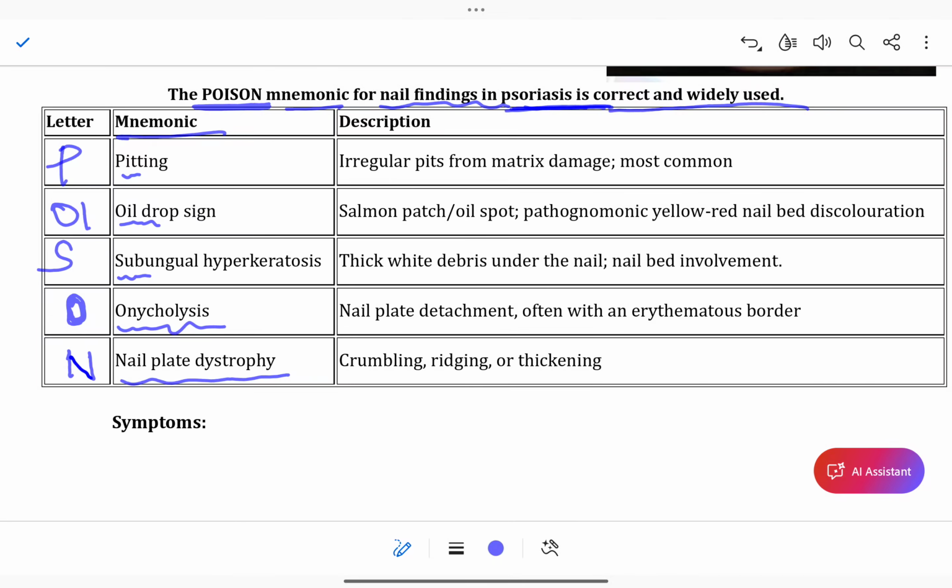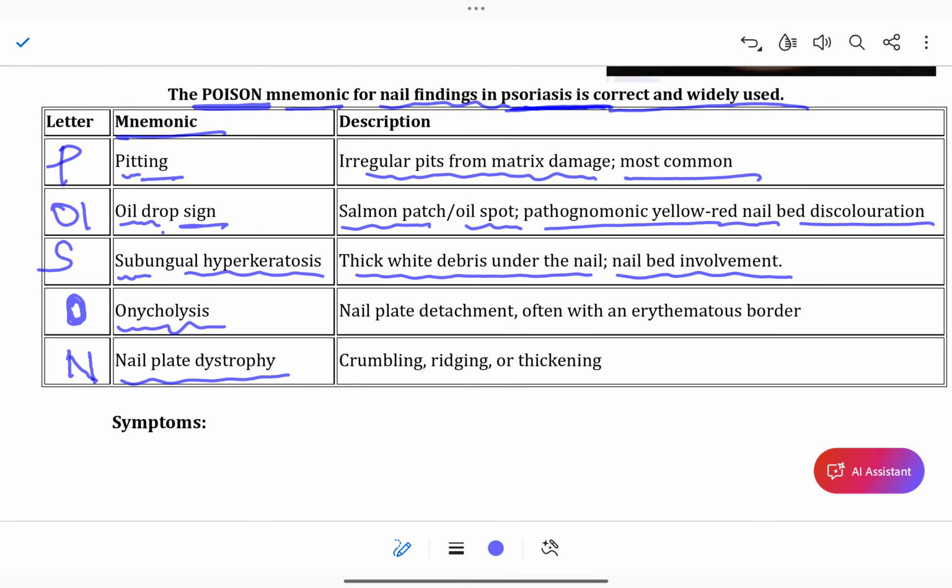Letter P, pitting: irregular pits from matrix damage, the most common. Oil drop sign: salmon patch or oil spot, a pathognomonic yellow-red nail bed discoloration. Subungual hyperkeratosis: thick white debris under the nail bed.